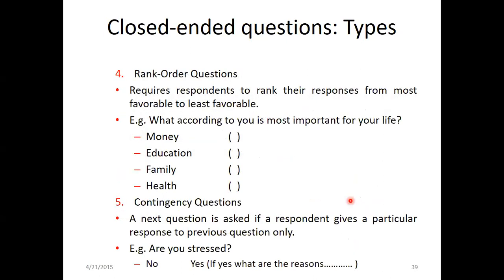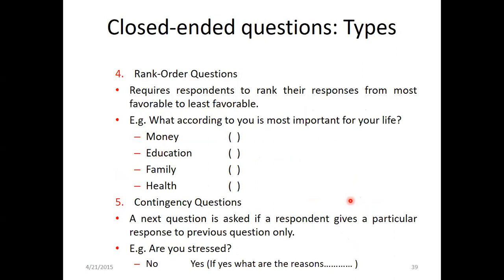Rank order questions, here the respondent is required to rank responses from most favorable to least favorable, okay? So let's say, for example, what according to you is most important for your life?